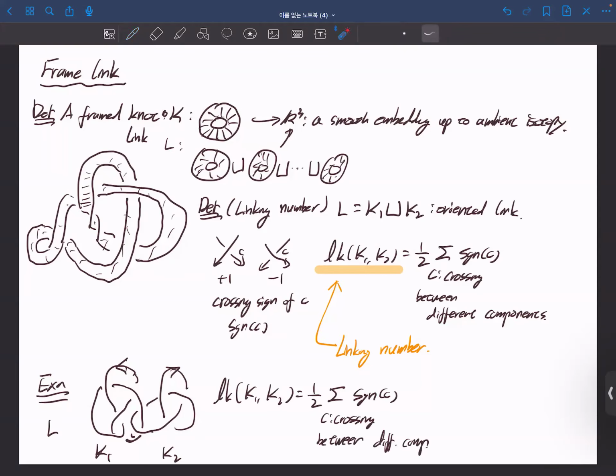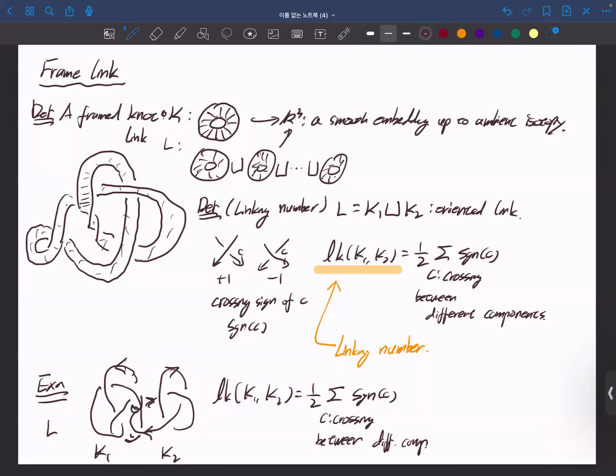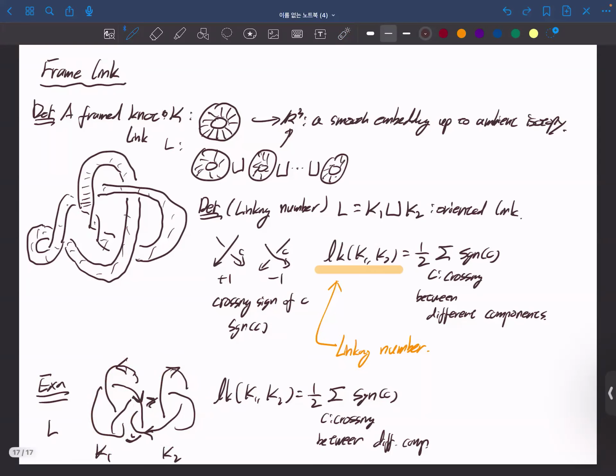In this case, we have only two crossings between the two components. We do not care about other crossings. Locally, this part is oriented like this, and this part is oriented like this.